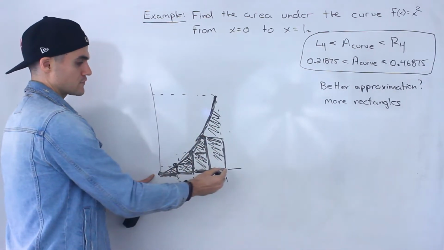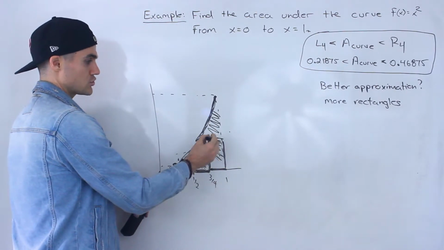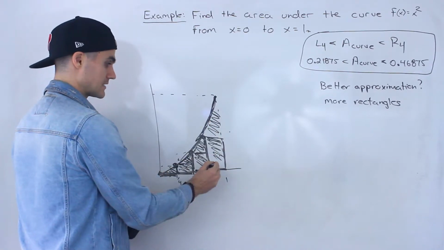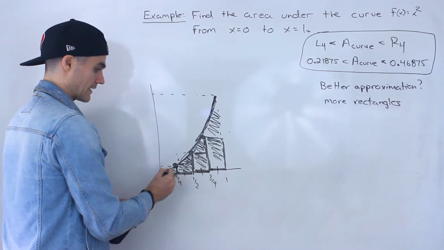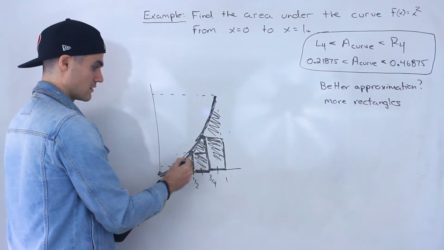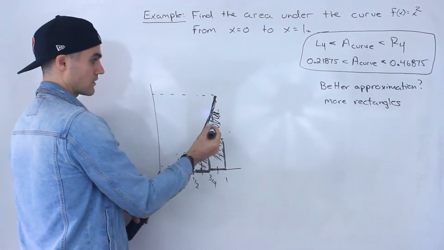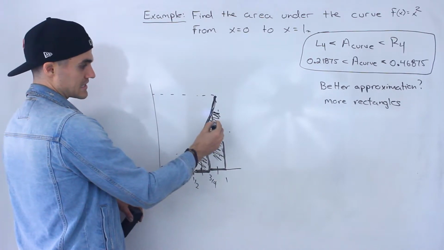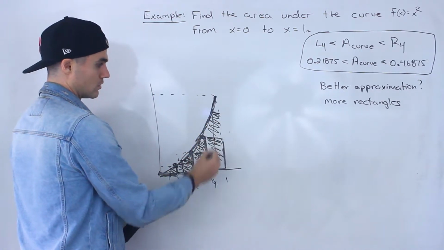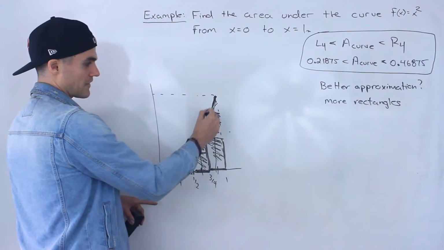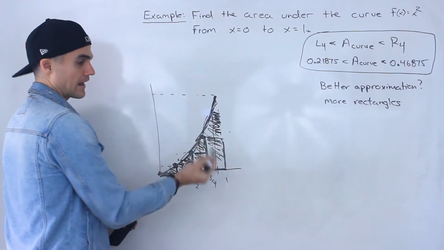So instead of drawing 4 rectangles, if we drew 8 rectangles, if we added sub-intervals over here and created these extra rectangles, notice that now some of that excess area is going to be filled in.